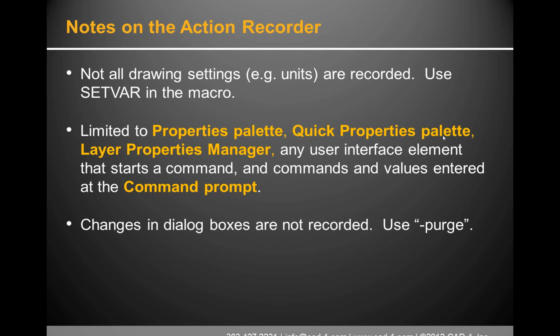You literally type a hyphen or a minus and then the name of the command, and it will run that command on the command line. In the case of -purge, it also gives you access to more types of elements that can be purged than the regular purge dialog box, like regapps. Regapps can only be purged through the -purge command.